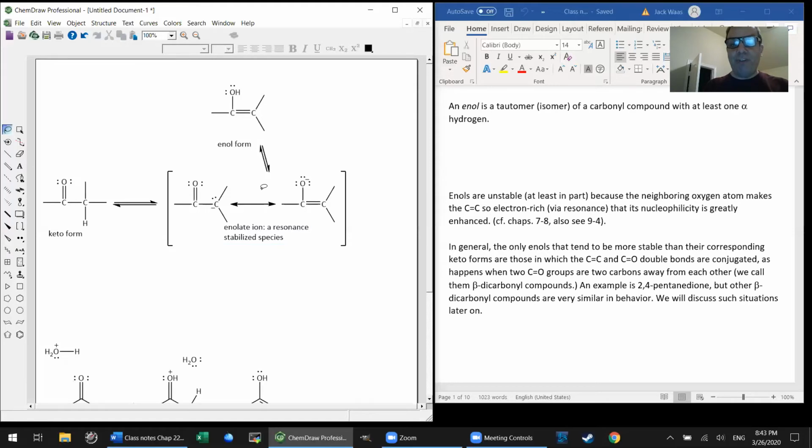Unfortunately, our usual method of drawing molecules using the valence bond model falls apart here. And so we can't really draw the one single structure of the enolate ion terribly easily. We have to go with one of these resonance contributors. And so if the enolate ion is protonated on the oxygen, you get the enol. And if the enolate ion is protonated on the carbon, you get the keto form.